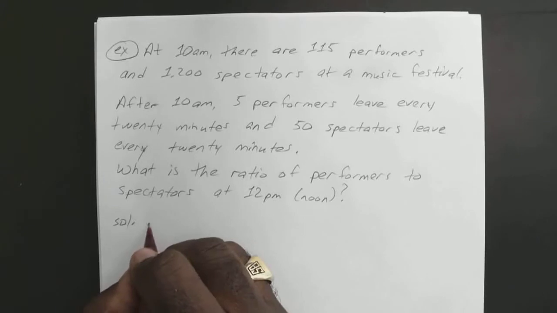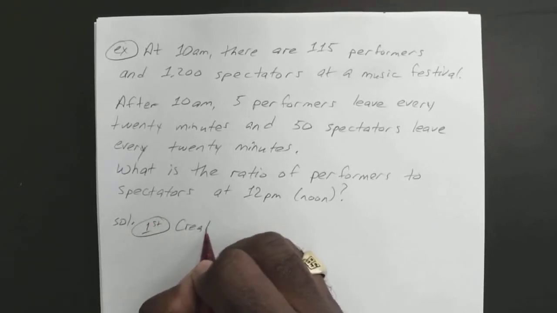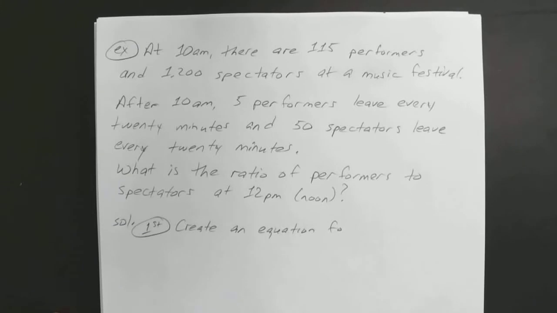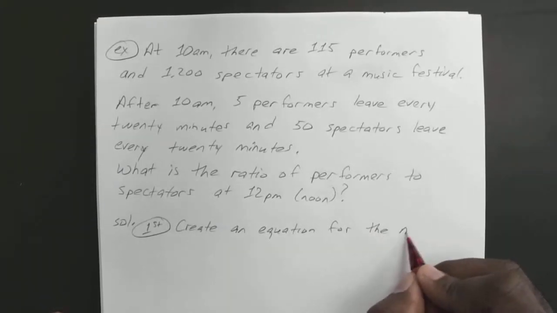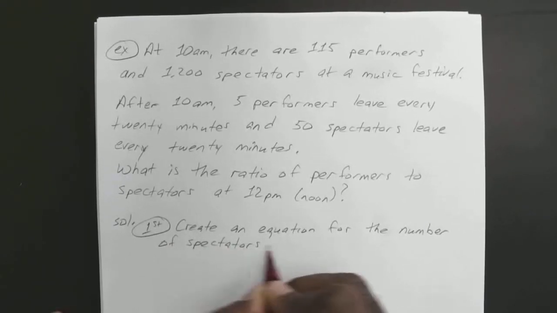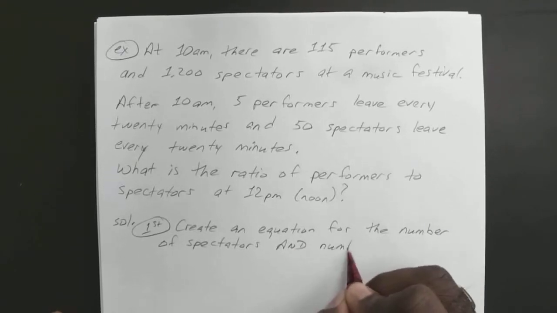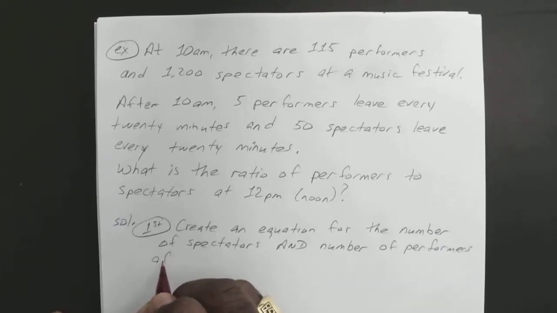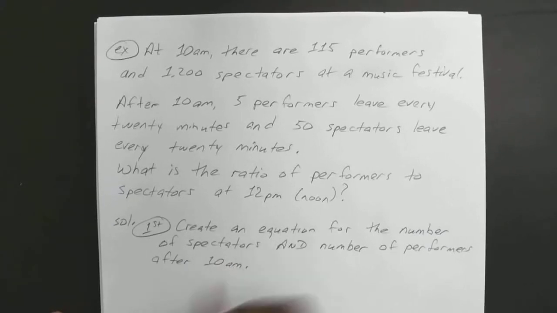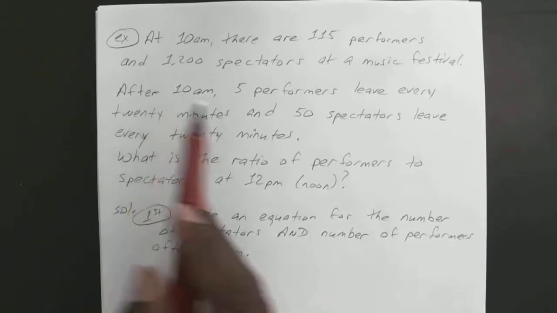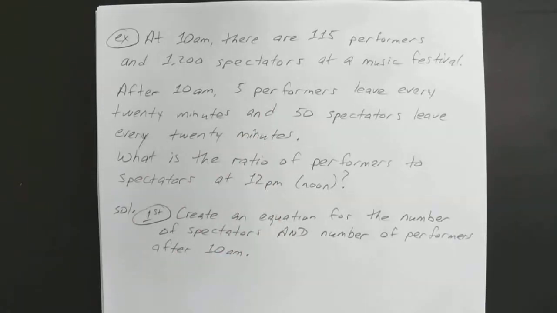Okay, so the first thing you want to do is you want to create an equation for the number of spectators after 10 a.m. and the number of performers after 10 a.m. Okay, so we know that after 10 a.m., 5 performers leave every 20 minutes.